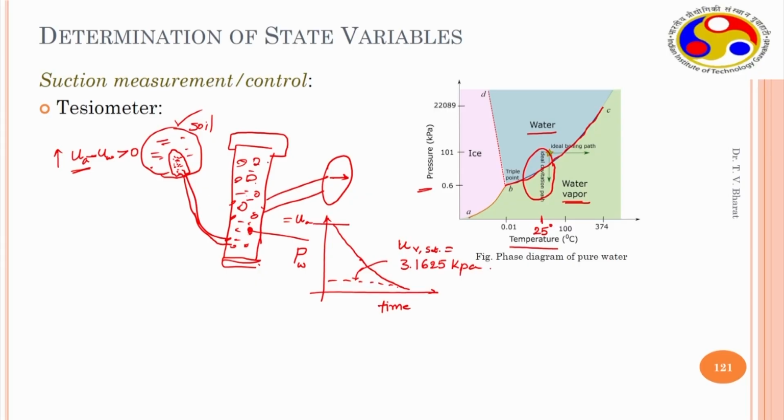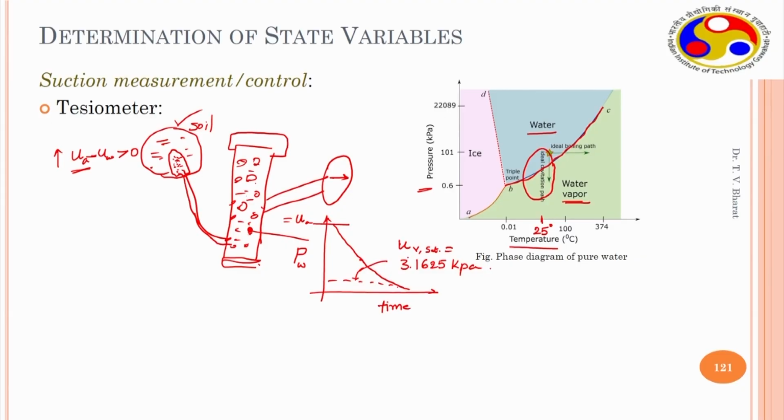As long as pressure is exerted on the water, you are able to measure it. But when vapor bubbles form within this system, the measurement unit will not work, because of the discontinuity of water. Because of this, it does not measure the negative pore water pressure. Actually, this vapor pressure controls the maximum measurable suction of the tensiometer.